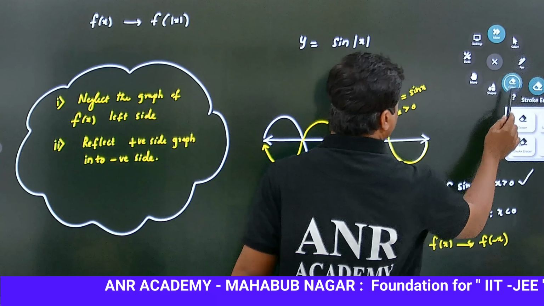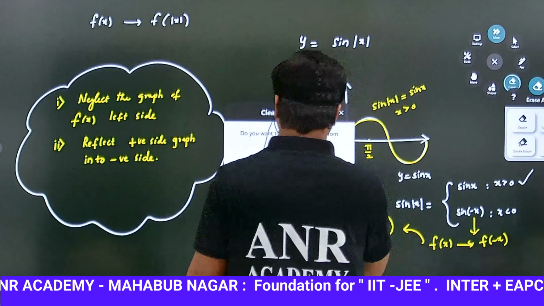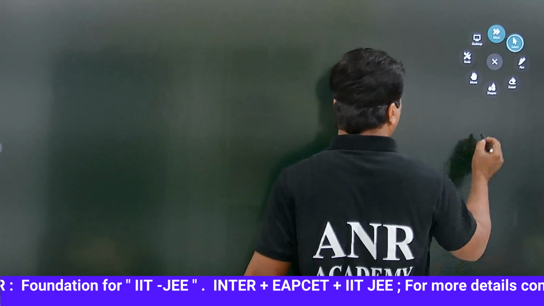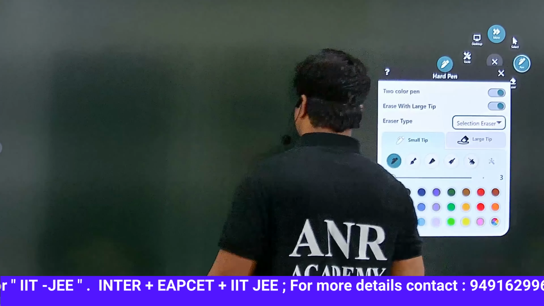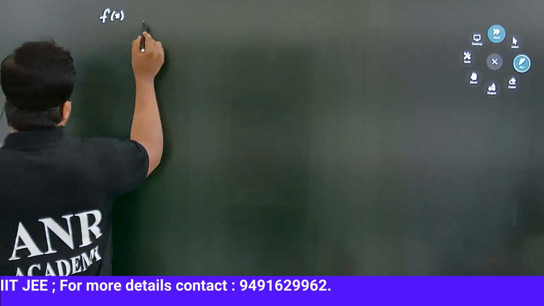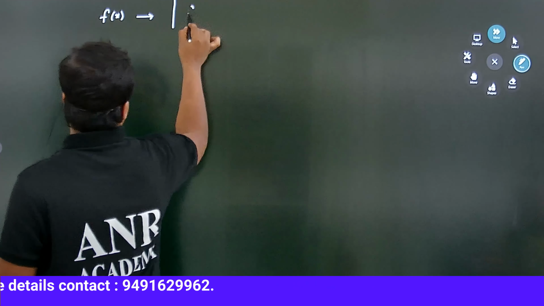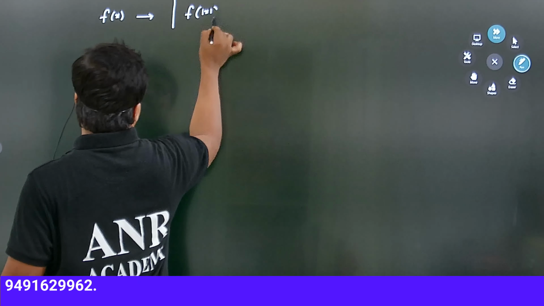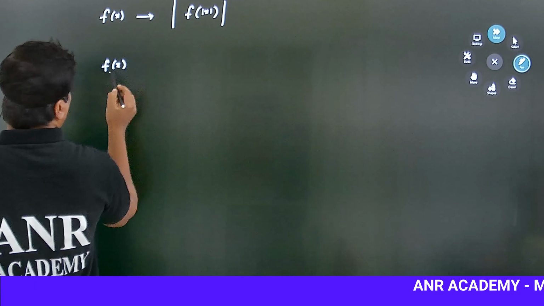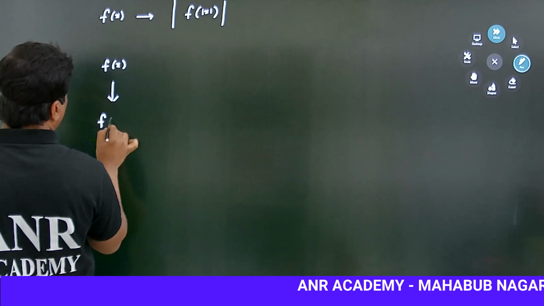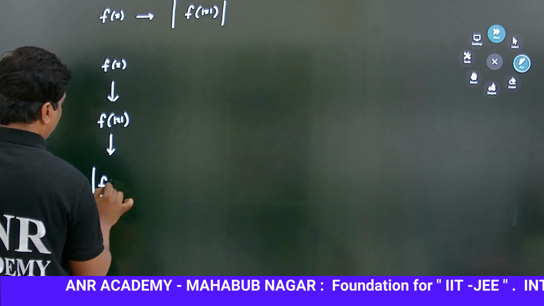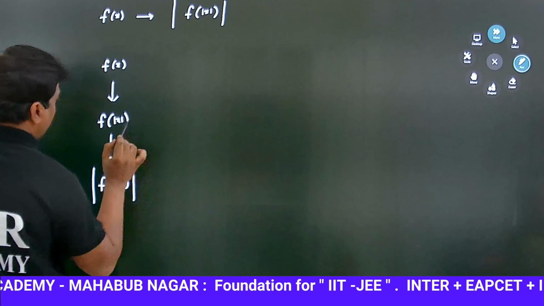Next, let us move to the next one. Suppose f of x is transformed to modulus of f of modulus x. First f of x, and then you have to draw f of mod x, and after that you have to draw modulus of f of mod x, right?